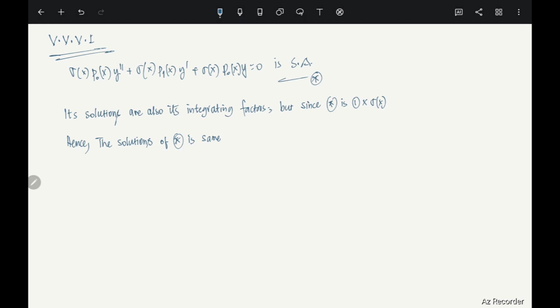One second, by mistake I am writing something. The solutions are integrating factors, that is fine, and star is nothing but sigma x times 1, right? That's what it is.